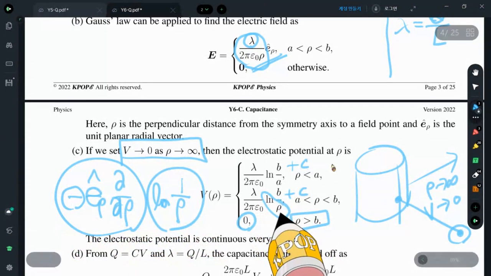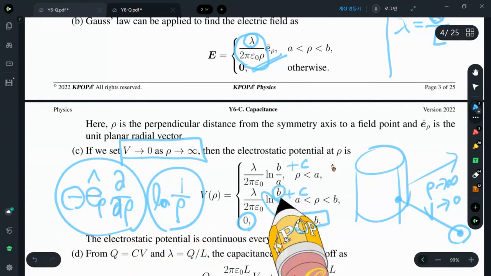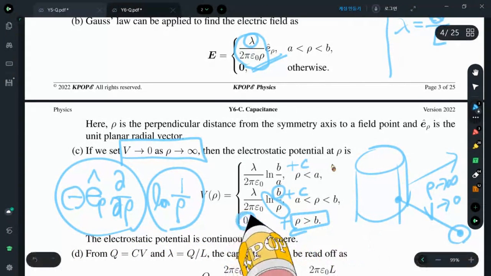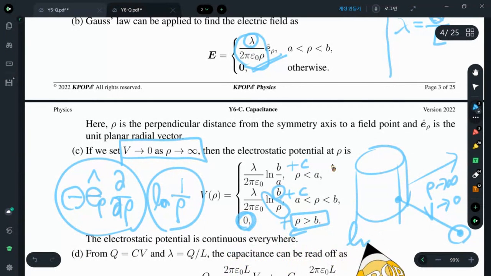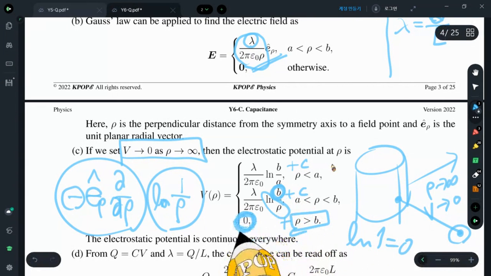However, this B has been chosen. If I substitute rho equals B, it should be 0. Because log 1 equals 0, I can put this constant as B so that it reproduces the value 0 at rho greater than B.